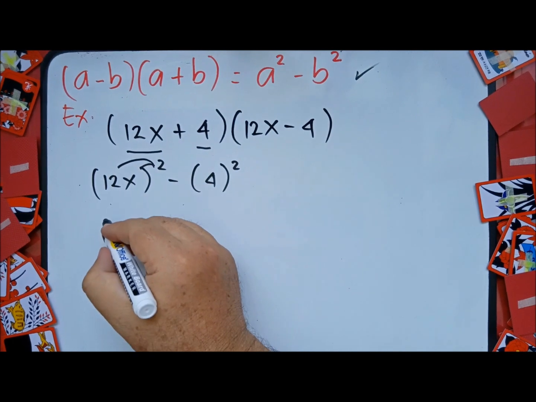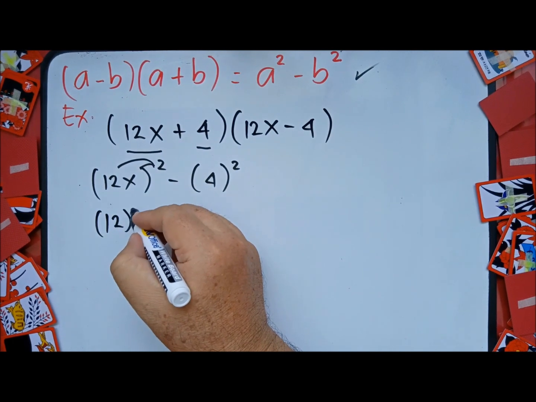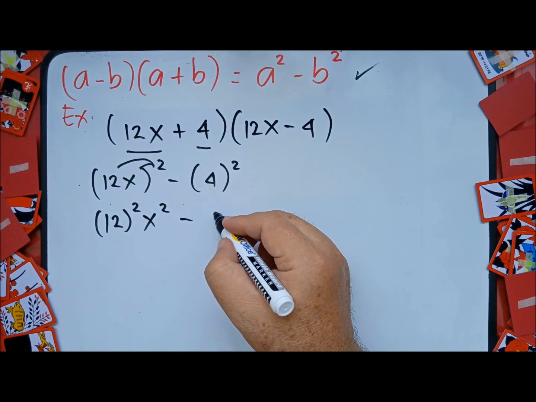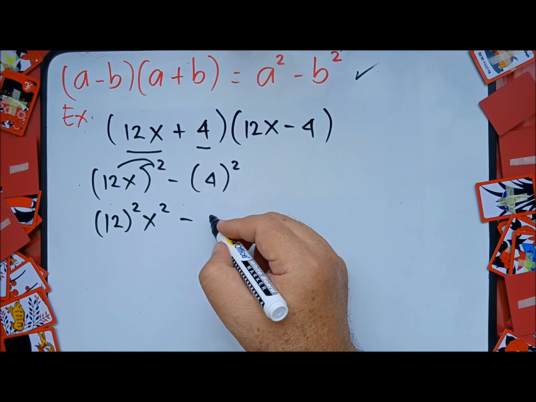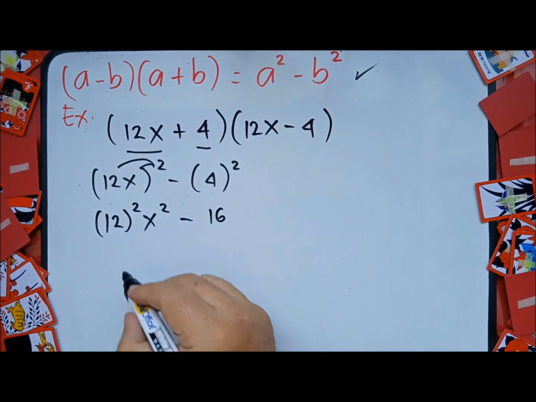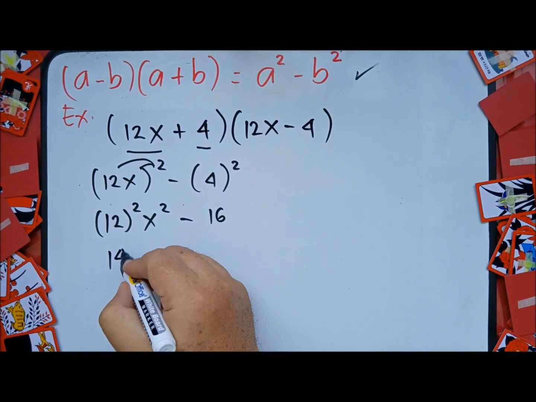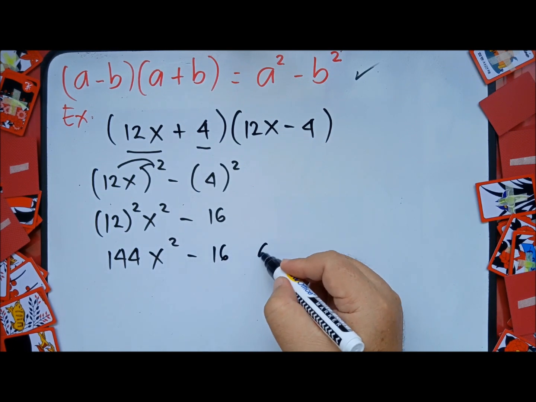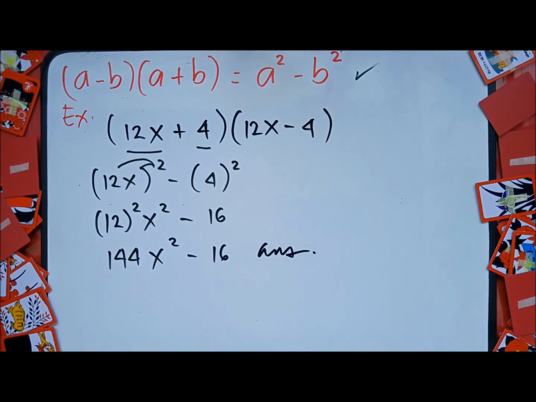Distribute again. So this will become 12 squared x squared minus 4 squared, which is 4 times 4, 16. So 12 times 12 becomes 144, x squared minus 16. Final answer. Basic, very basic.